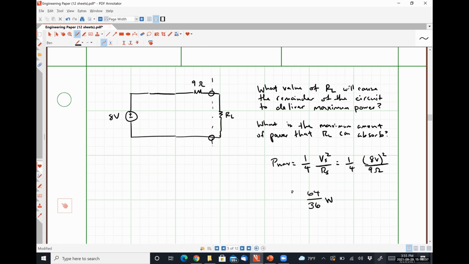V squared over R. Yeah, so that would be the power being lost to the internal resistance of the voltage source, not being delivered to some external load. And if the resistor, which is part of the voltage source, is absorbing 64 over 9, and the source is supplying 64 over 9, the practical source as a whole is delivering 0.